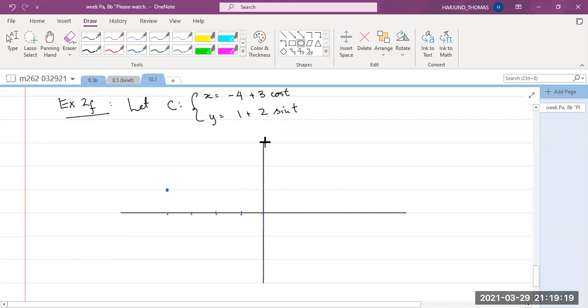The ellipse will be something that looks like this. Hold on. No, it should look like this, where this is 3 units to the left and right, and 2 units up and down. Now the center is -4, 1.